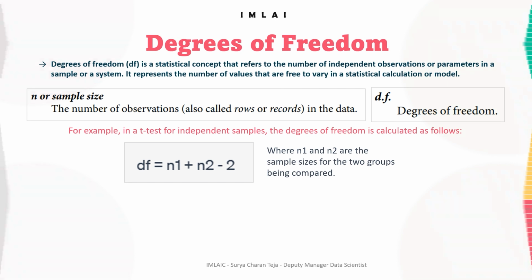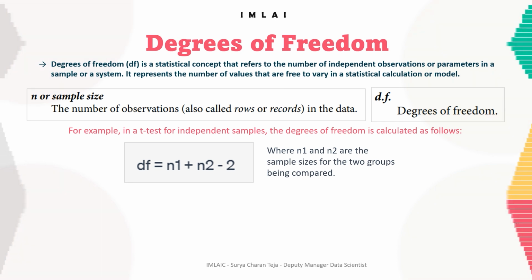The degrees of freedom represents the number of observations that are free to vary in the calculation of the t statistic, after accounting for the estimated parameters in the model.